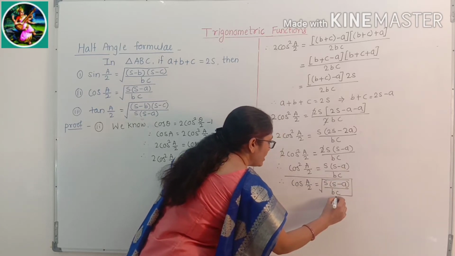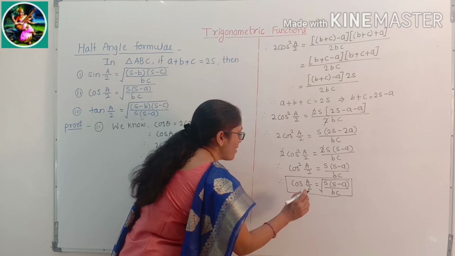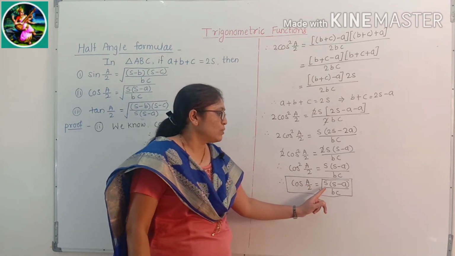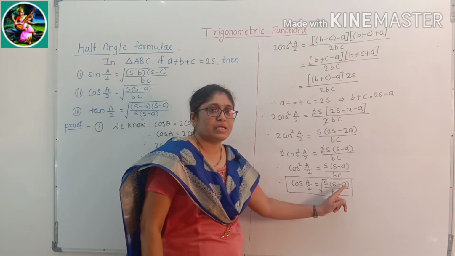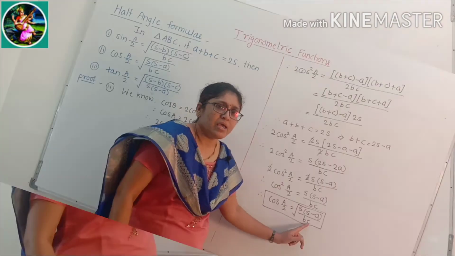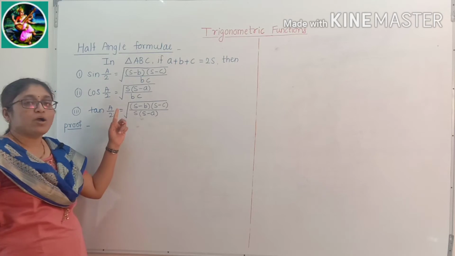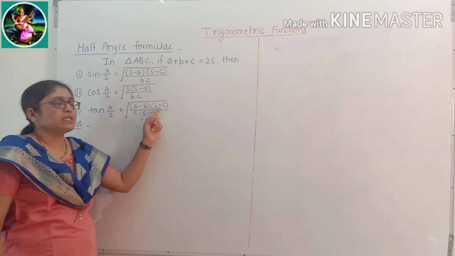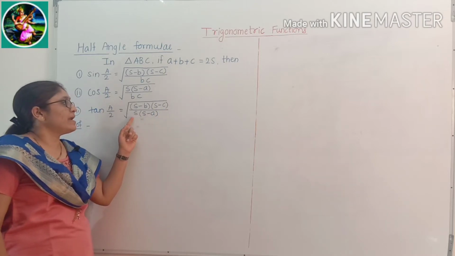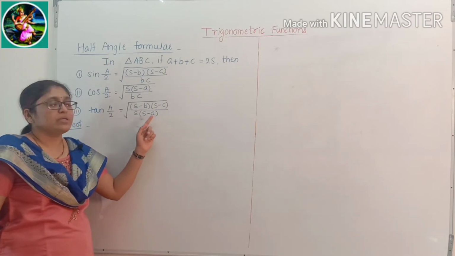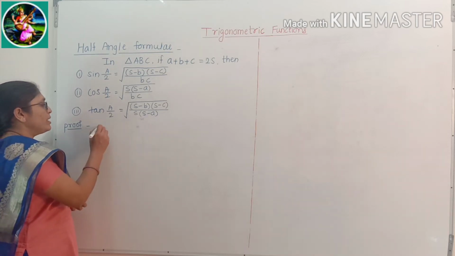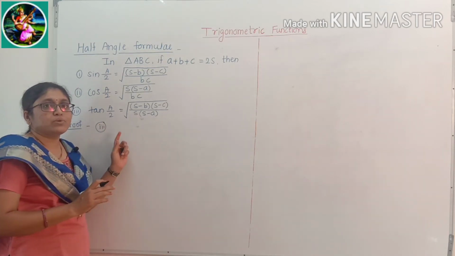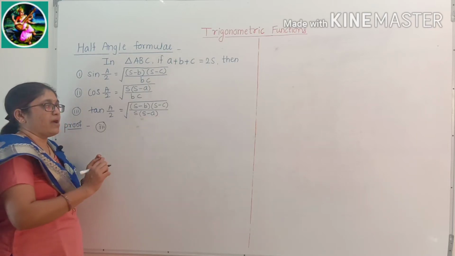In that way we have proved the half angle formula, that is cos of A upon 2 is equal to square root of s into s minus a divided by bc. Now we solve tan of A upon 2 is equal to square root of s minus b into s minus c divided by s into s minus a. We know that tan theta is equal to sin theta upon cos theta.